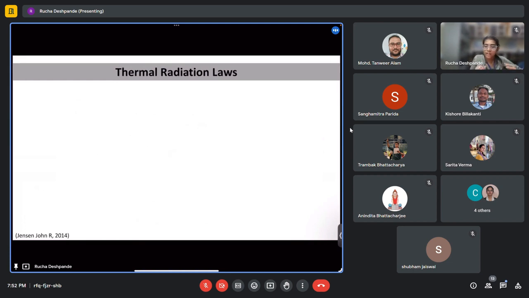Right. After looking at the emissivity concept, we know that the emissivity of real world objects would not be close to that of the black body.